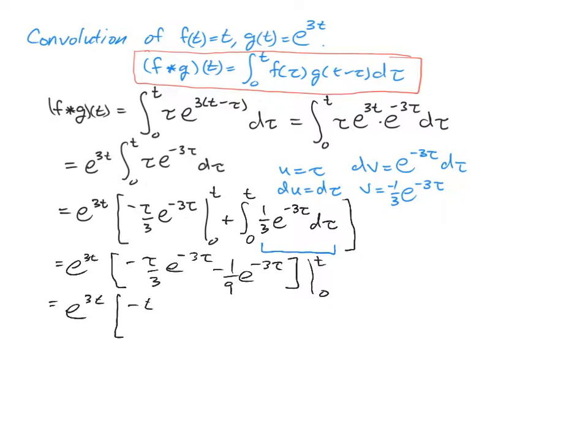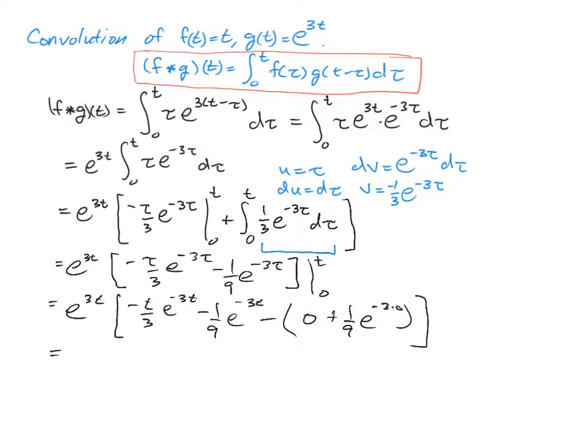So that's negative t over 3 e to the negative 3t minus 1/9 e to the negative 3t. And then we subtract the whole thing with 0. So we subtract 0 in place of tau. That's going to be just 0 for the first term because 0 divided by 3 is 0. And then plus 1/9 e to the negative 3 times 0, which just makes 1/9.